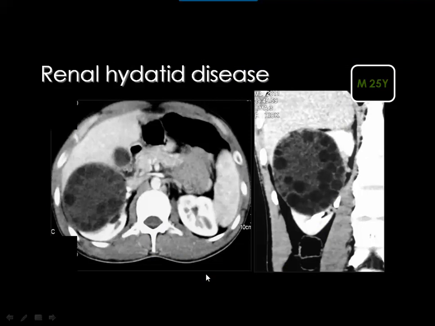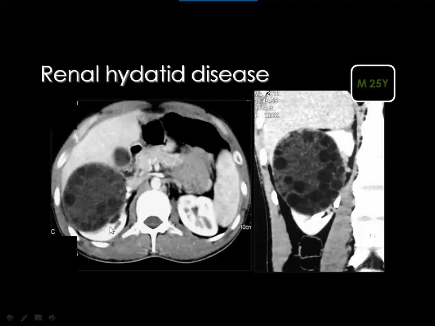Finally, we have a few words about hydatid disease, which can also occur in the kidney. I presented many examples when I talked about hydatid disease in the liver and the spleen, and I showed some examples affecting the kidney as well. This is an example of a hydatid cyst in the right kidney.